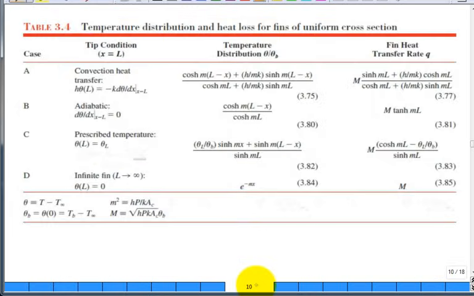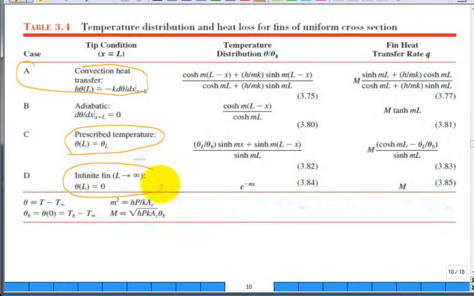Now, here's a table with a lot of the results. They not only solved it for the convective boundary condition, the prescribed temperature boundary condition, and an infinitely long case, but the case that I want to emphasize, which is this one, the adiabatic tip, the insulated tip. So what did they show here? Well, they're showing you the solution, which is theta divided by theta b.